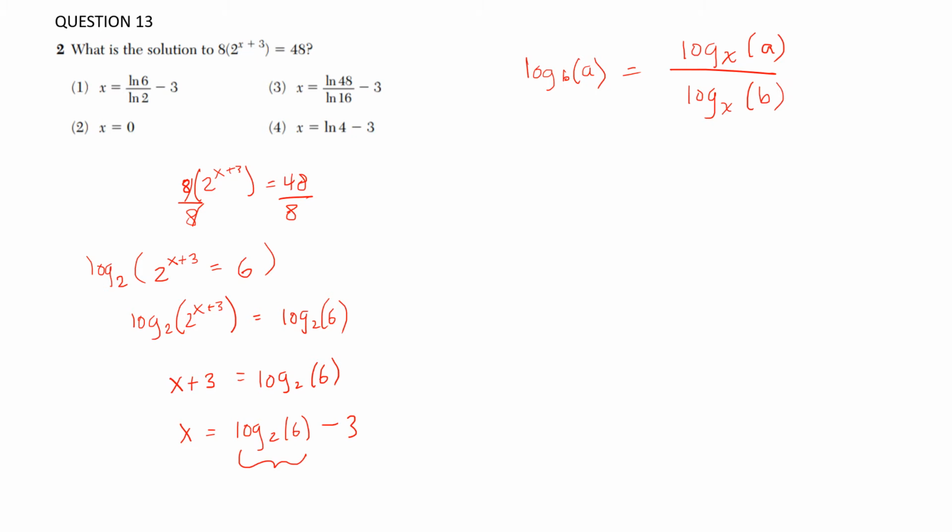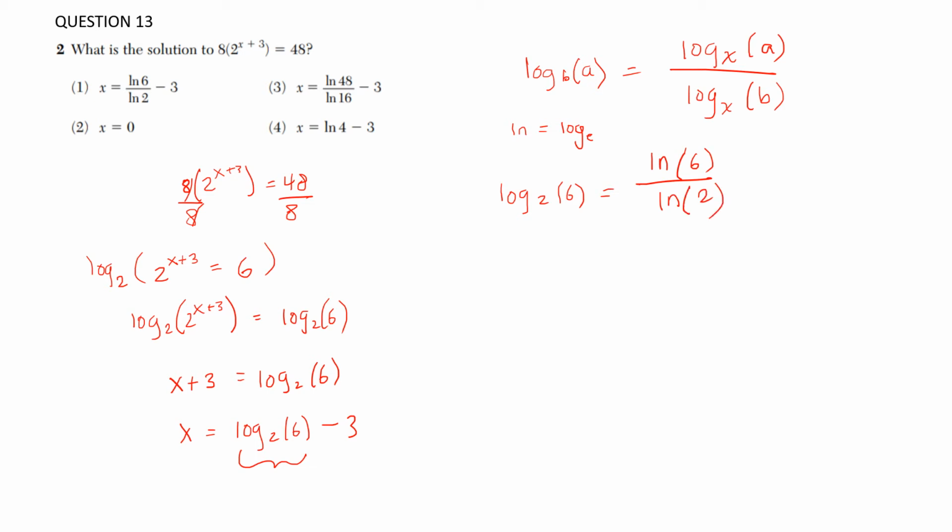Given that, let's change to ln, natural log, so that's base e. So log base 2 of 6 equals ln of a, which is 6, over ln of b, which is 2.